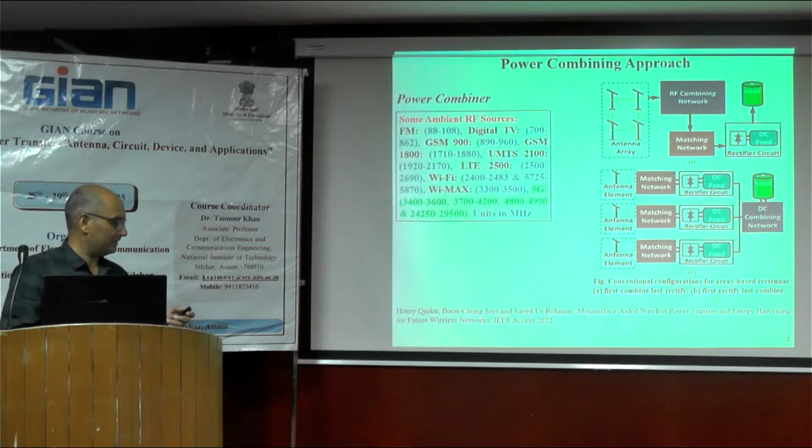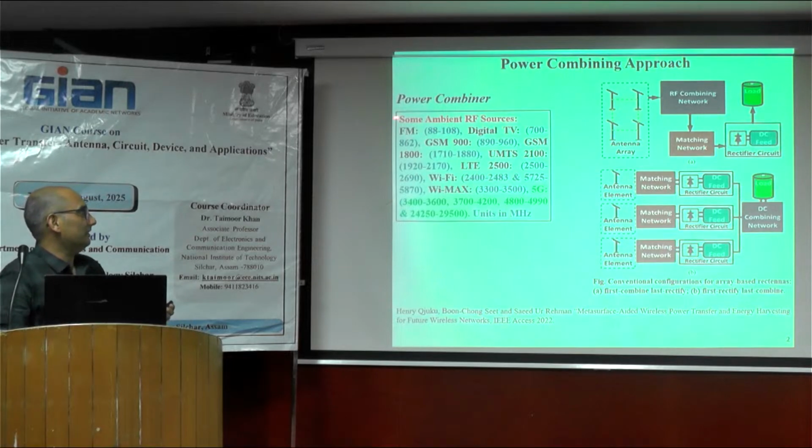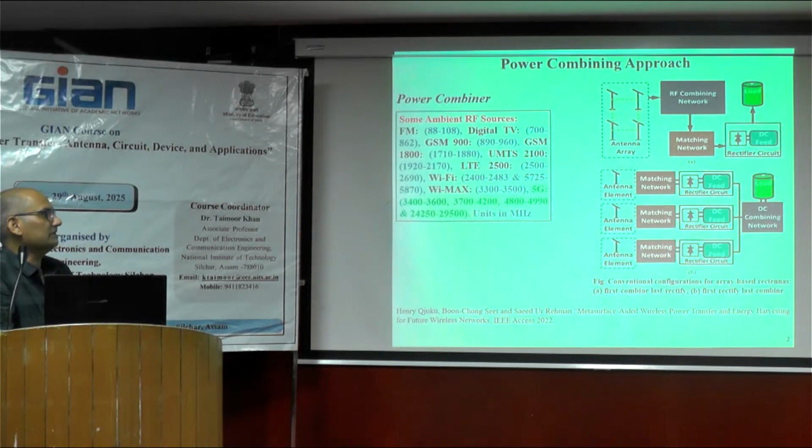Let's start. These are different sources which may be used as an ambient source, and based on that, two types of power combining will be there. One is direct antenna output is combined and then rectification will take place. That is RF combining.